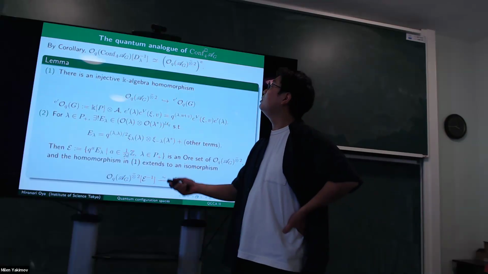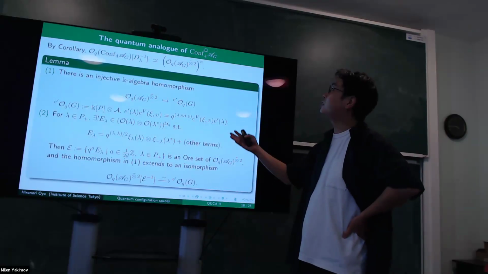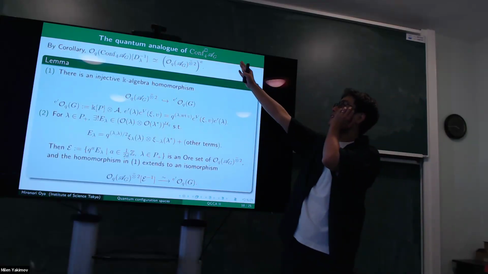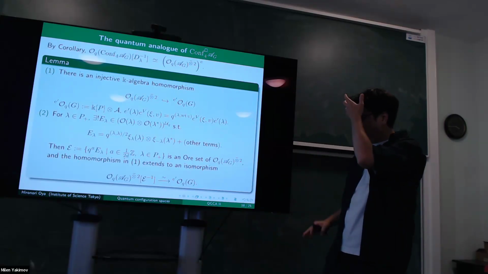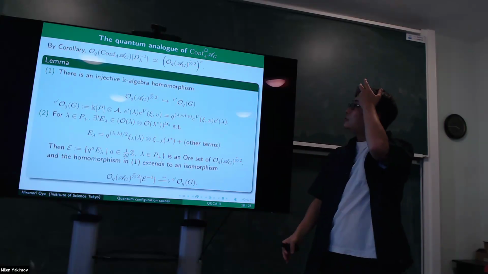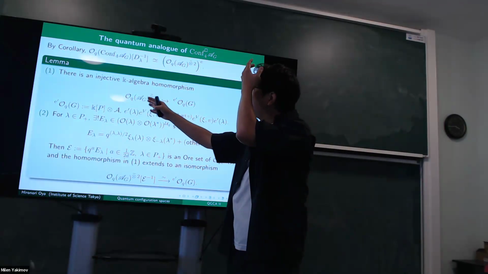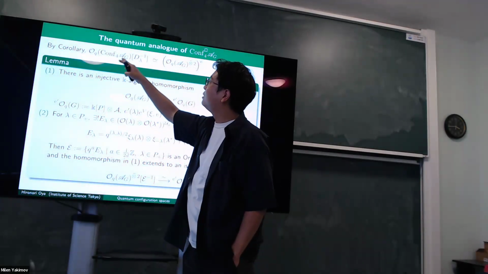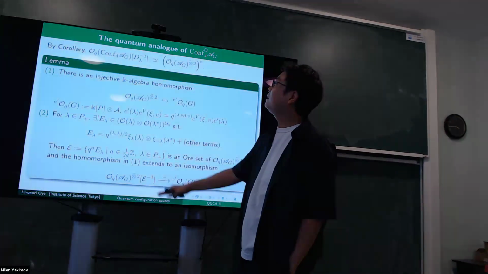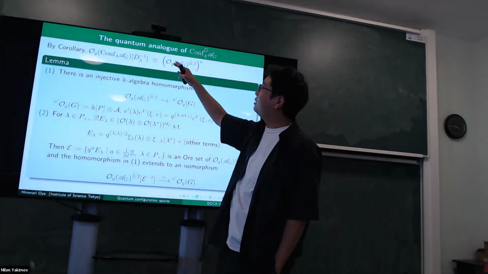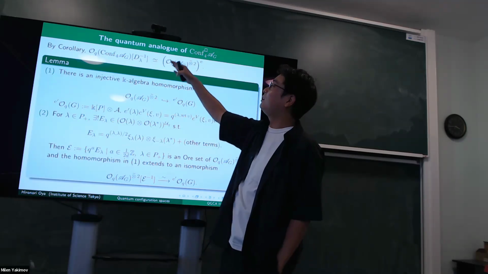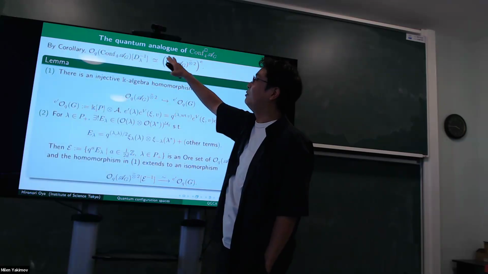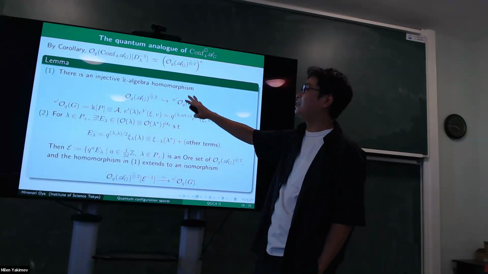Okay. Next, we consider the quantum analog of the conformal square edge. This is our goal today. By the corollary, the localized conformal algebra is isomorphic to the tensor square of OQAG extended by quantum. And what is the structure of this algebra? This is explained in this lemma.